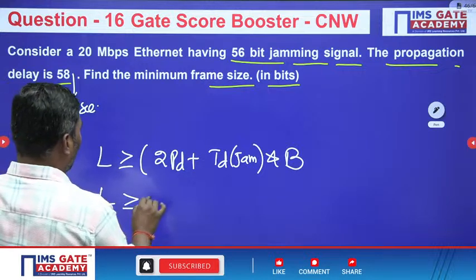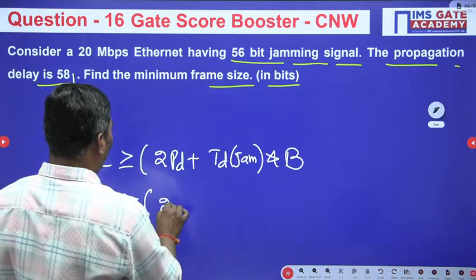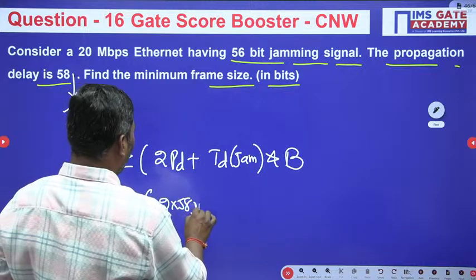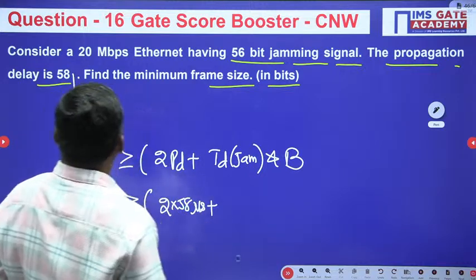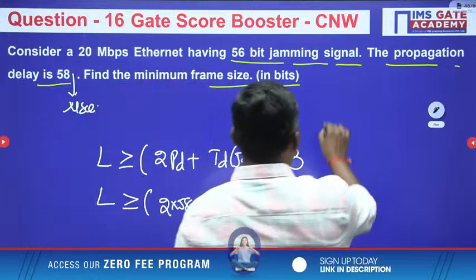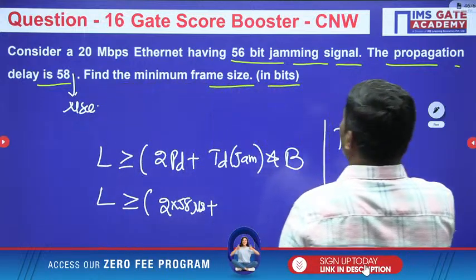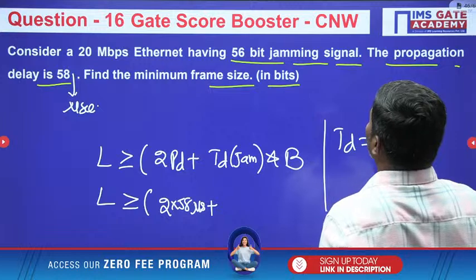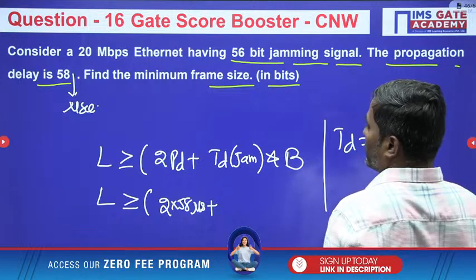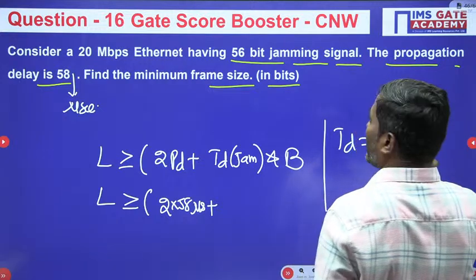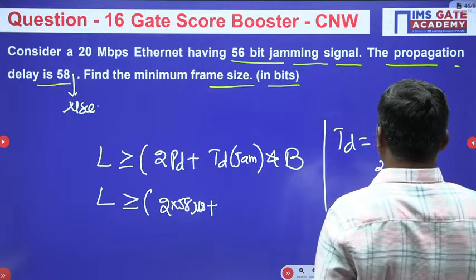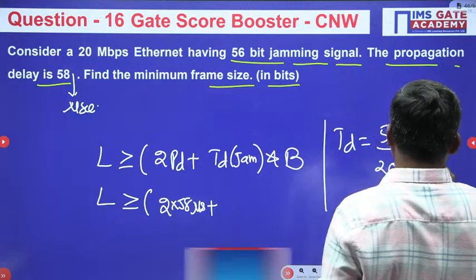So now L is 2 times the propagation delay, into 58 microseconds, plus the transmission delay. So the transmission delay of the jam signal, Ethernet having 56, so 56 bits divided by 20 into 10 power of 6 bits per second is there.